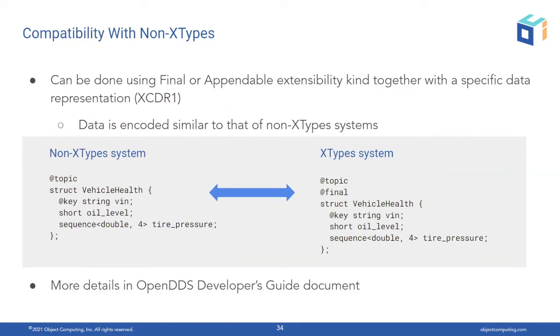To obtain that, on the XTypes enabled application, we set the extensibility of the data type to either final or appendable, and we use the data representation type of XCDR1 on the XTypes system, so that the data on the XTypes system is encoded in a similar way to that of the non-XTypes system.